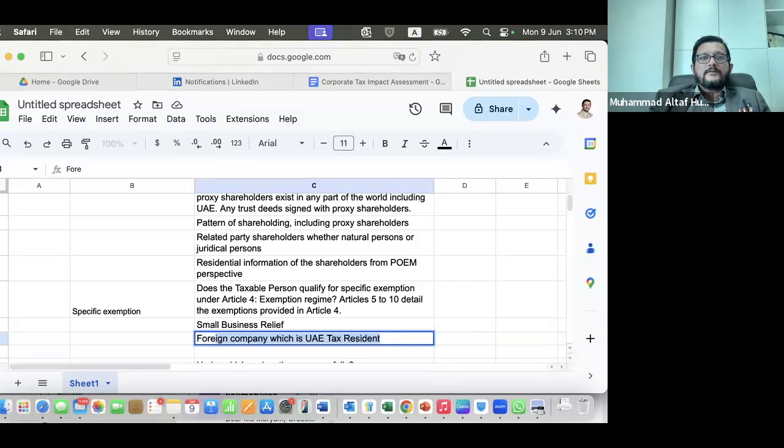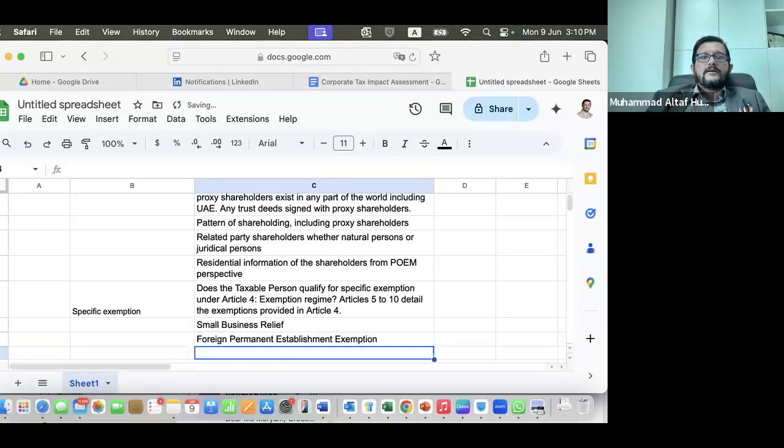What is the article number? 24. First of all, just check Article 15, I think. Check the investment managers exemption for a permanent establishment. Which article is it? This we have to check.